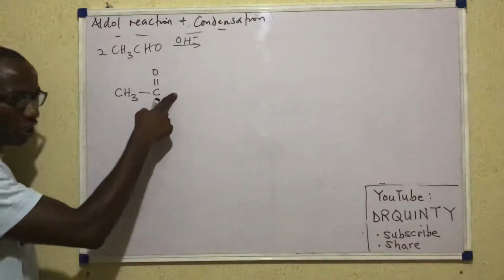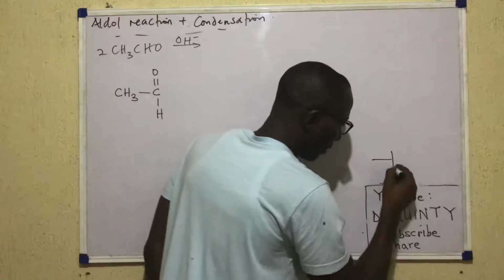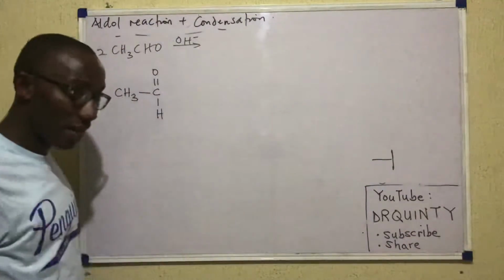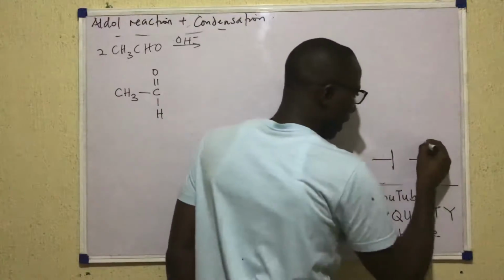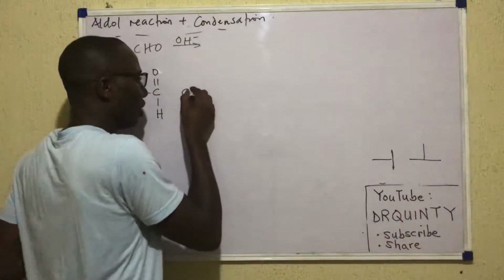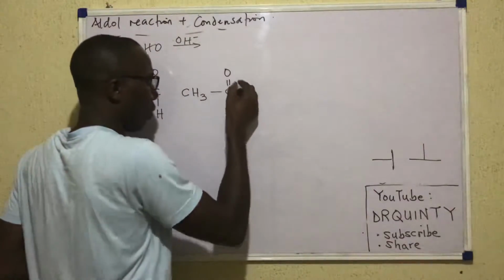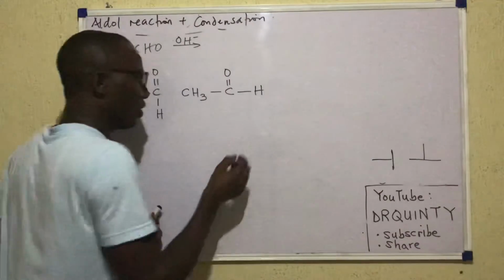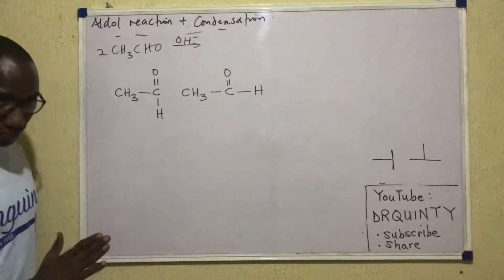Actually, I could put this H there, but I'm trying to make my first alkanal look like this. Then, my second alkanal, I will make like that, meaning I'm going to write the second one as CH3COH. So in either case, I have written the alkanal twice.